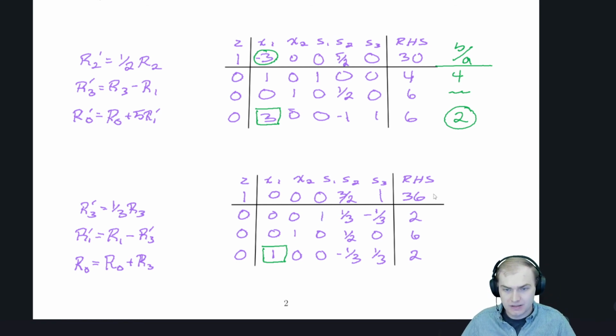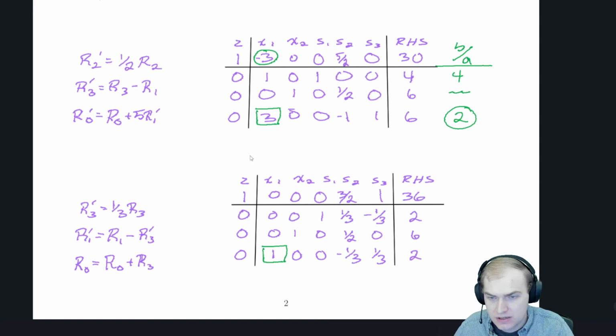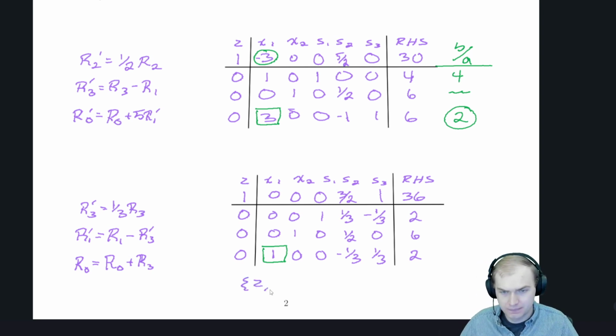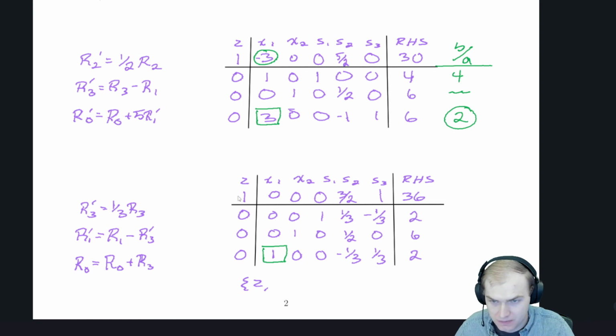So our final basis, let's try to extract our final basis from here. So z is sort of implicitly in the basis. So you could start with z if you wanted, because it has the first entry in the identity matrix. Then the second entry in the identity matrix is here.